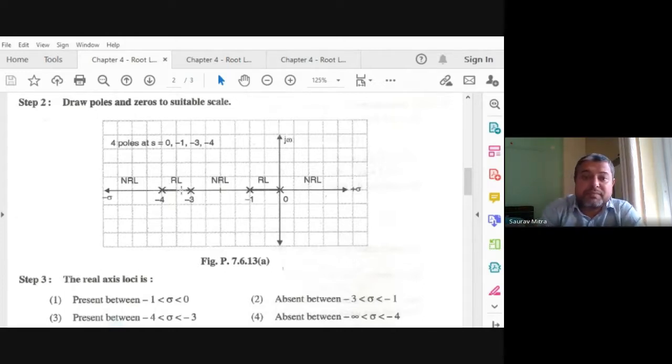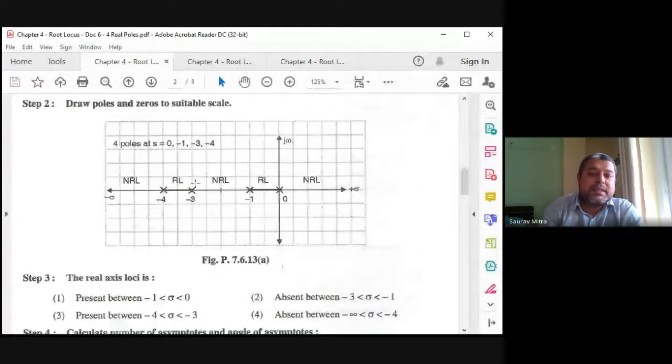So more is the gain, this -3 and -4, they will come, collide, meet at a certain point, the breakaway point. Then they will go up and the bend will be towards minus infinity, that is real value of minus infinity. So this -1 and 0, they will create an arc which will bend towards the omega axis. This -4 and -3, they will create an arc which will be bending opposite the geometric axis.